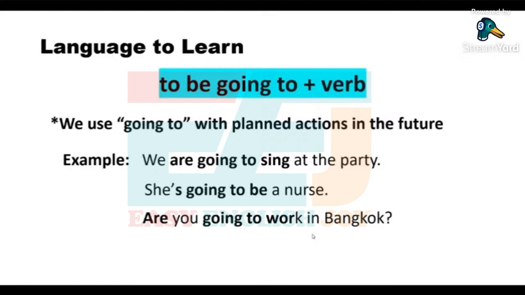So since it is a question, we have to reverse the subject and the verb. If it is a question, the verb comes first, followed by the subject, and then going to, and then the verb, and the rest of the sentence. Are you going to work in Bangkok?